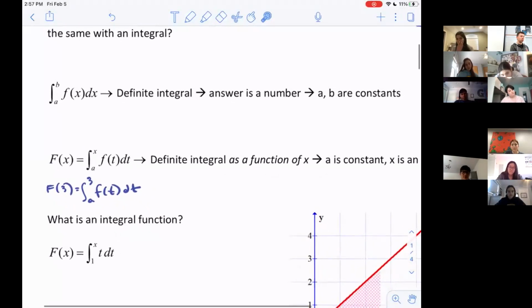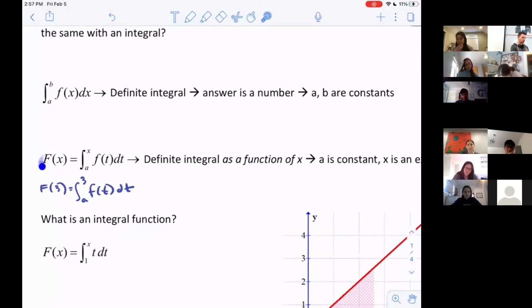Maybe that's 0, maybe it's 1, maybe it's 40. And because I'm calling this function F of x, and that x is going there, I can't use x again. For a lot of people, where the t came from is one of the hardest parts of this. It's just a way to not use x again. We can't use x to represent two different things, so we need a different variable name.